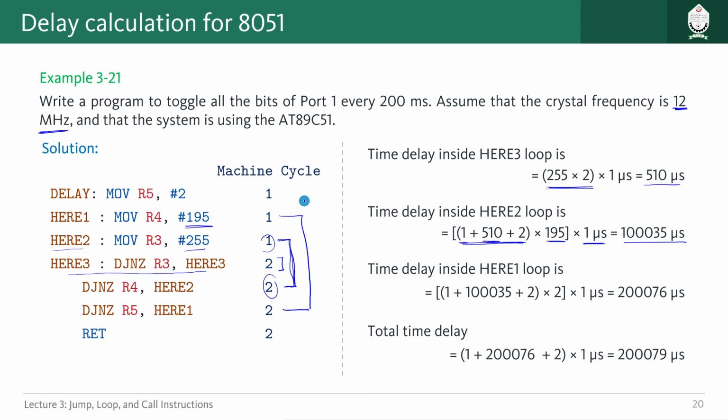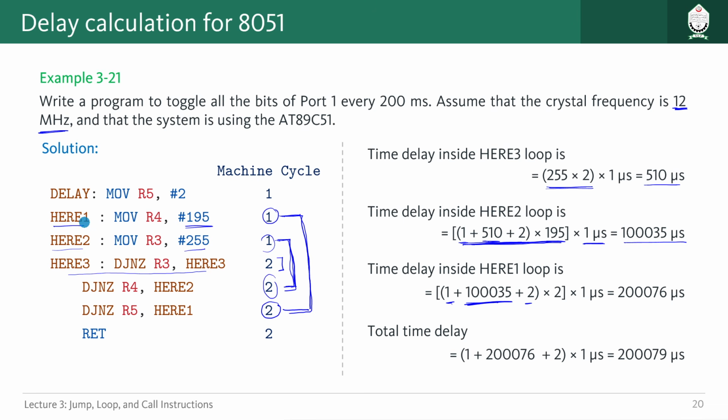Then we can go to the outer one. So whatever machine cycles you get from this one, you add all of them together, you get the total result here, you put it here, and then with that you have to add this one and this one, right? And this is the total amount of machine cycles if you execute the loop for once, the here one loop, right?